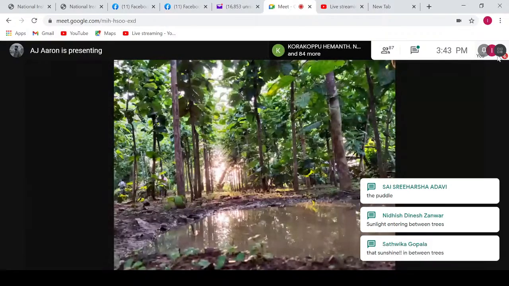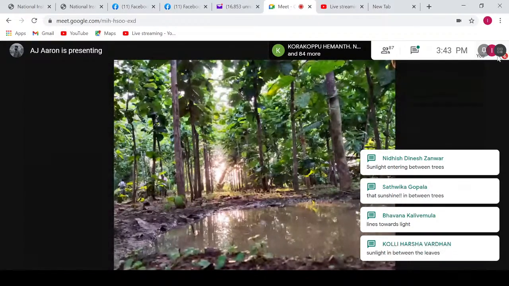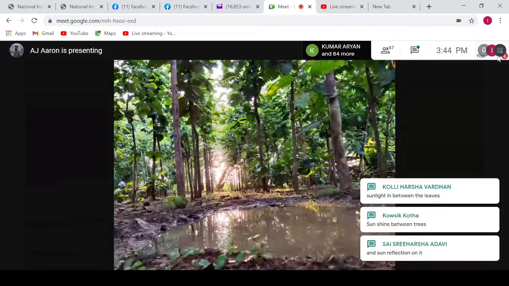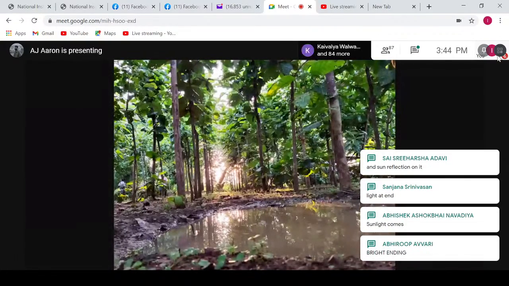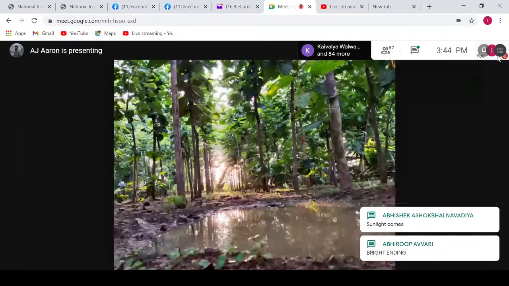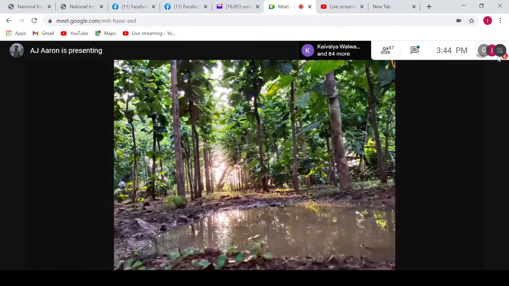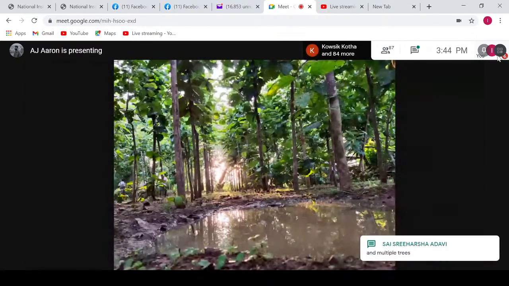Puddle. Exactly, that's sunlight, right? The light in the back, the sunlight, the backlight. How do you think this image could have been even better? Do you think something is off with the way it's composed or the way it's taken? What do you think could have been better here?